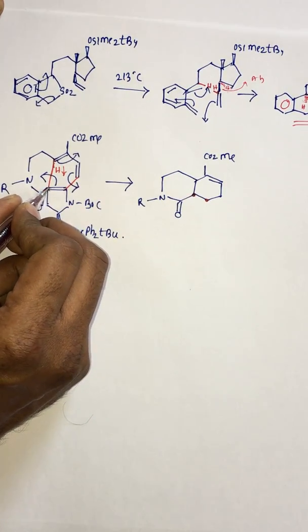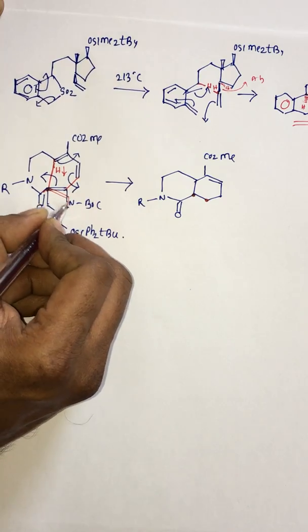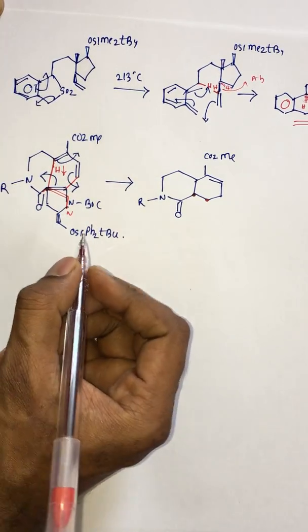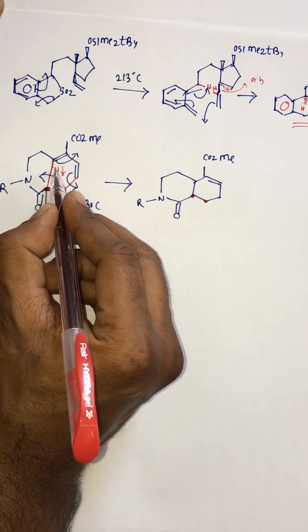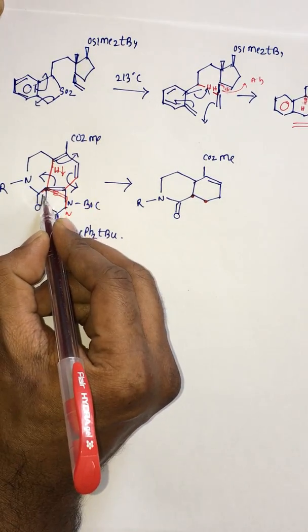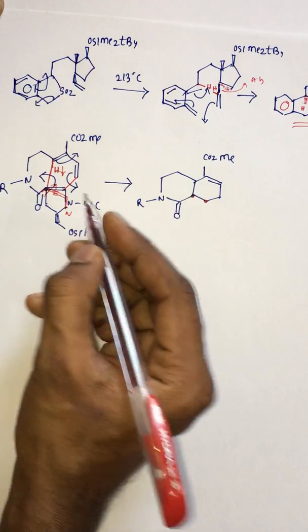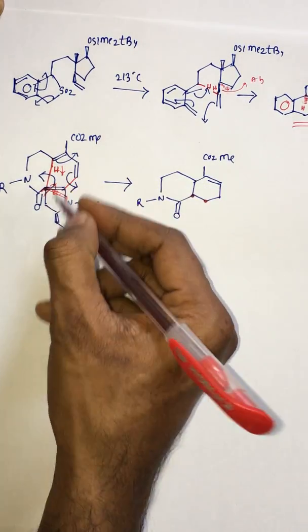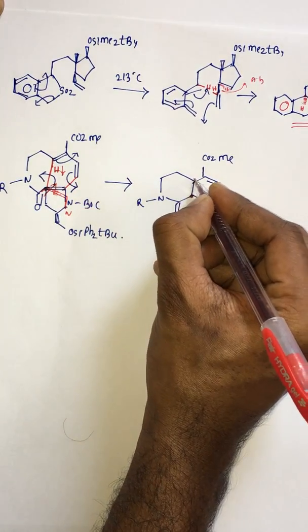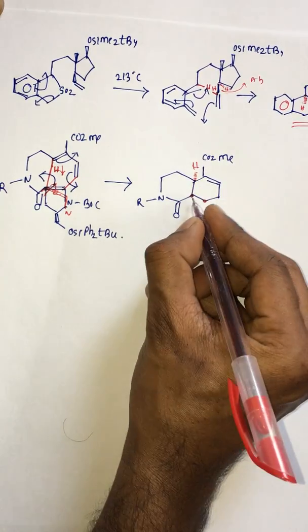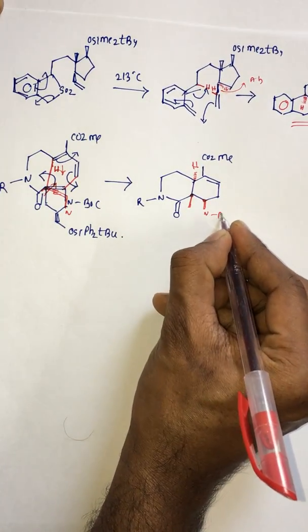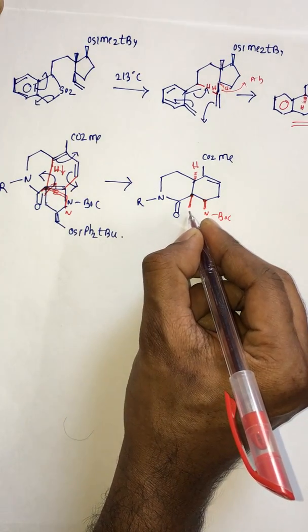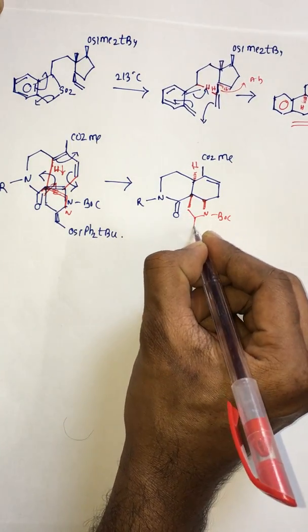It has to be like this. You take it in this same way only. So it's coming downwards and it's going upward, right? See, it means they are trans to each other. If you take this one below the plane, you should take these two above the plane.